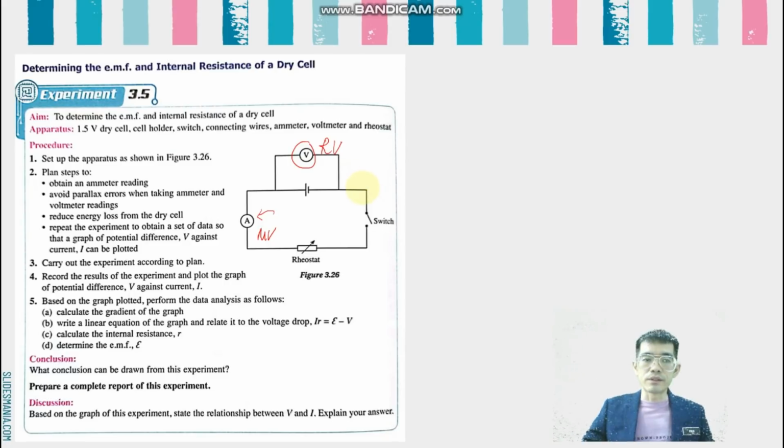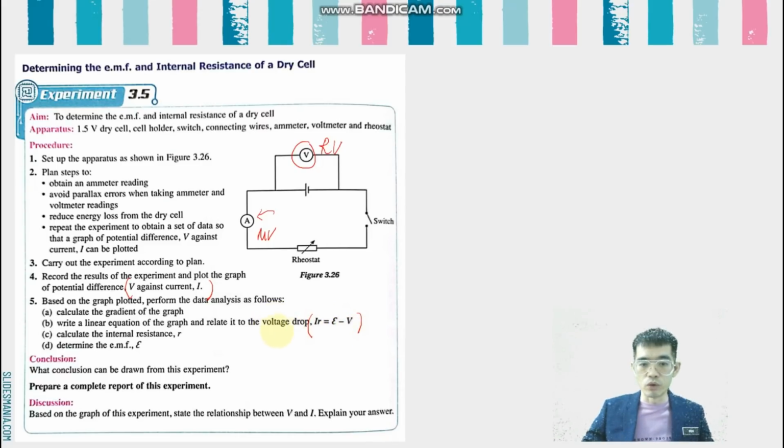So after we get the 5 data of our MV and RV, we have to plot our graph V against I in this experiment which you have already done. Then we have to relate the graph to the equation.